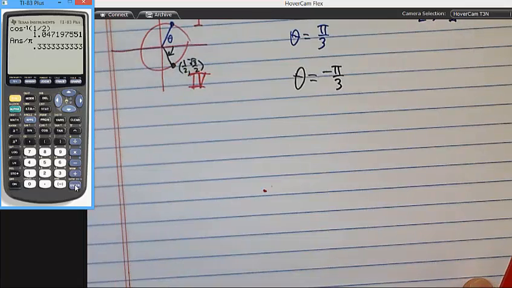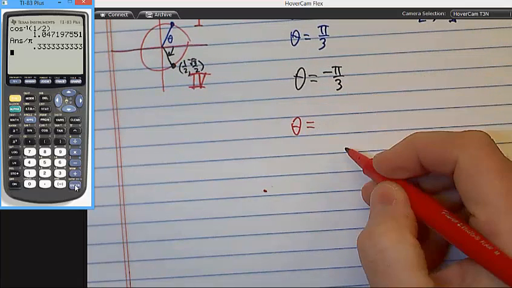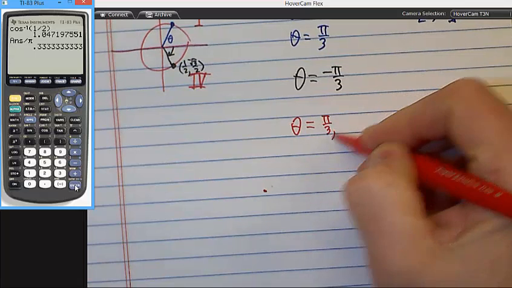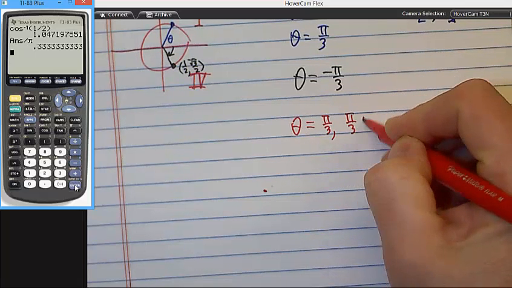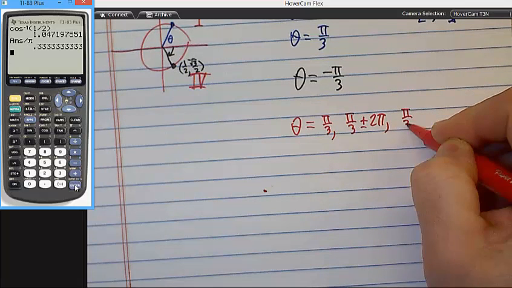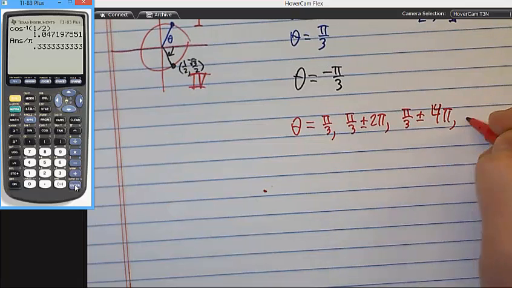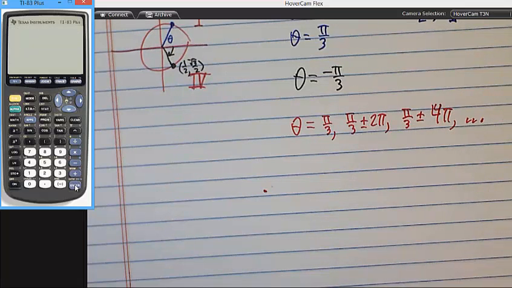Theta could be pi over 3, pi over 3 plus or minus 2 pi, pi over 3 plus or minus 4 pi, dot, dot, dot. That's one way to write some of the answers.